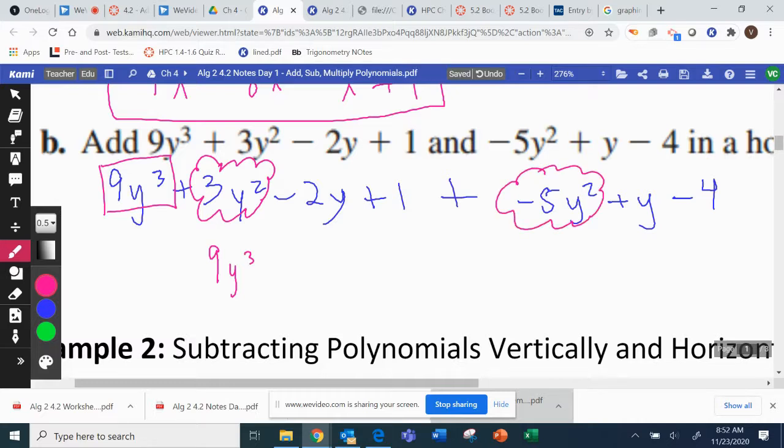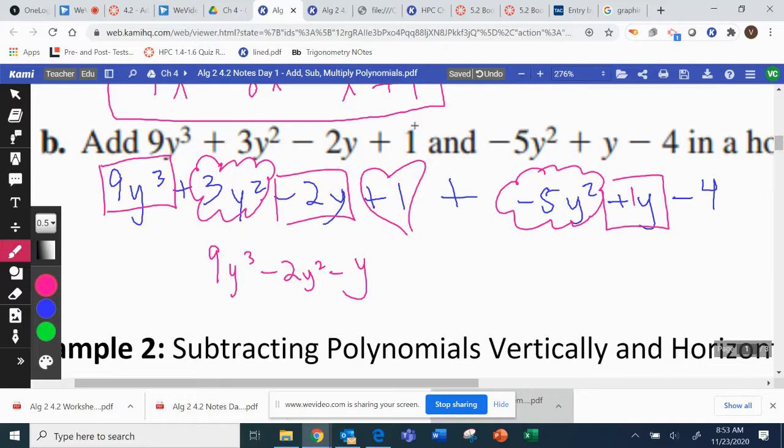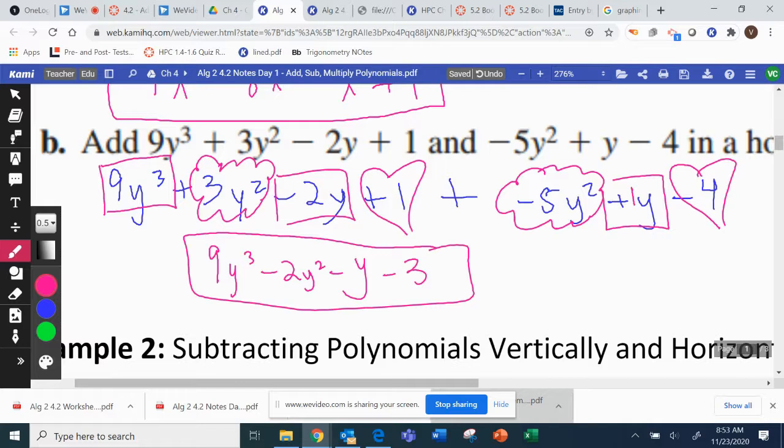So I will add those together, and I will get a minus 2y squared. Then I've got my minus 2y. I've got a plus 1y. And that gives me negative y, which I don't write the 1. And then finally, I've got this plus 1 and this minus 4, which gives me negative 3 or minus 3. And that's the horizontal method.